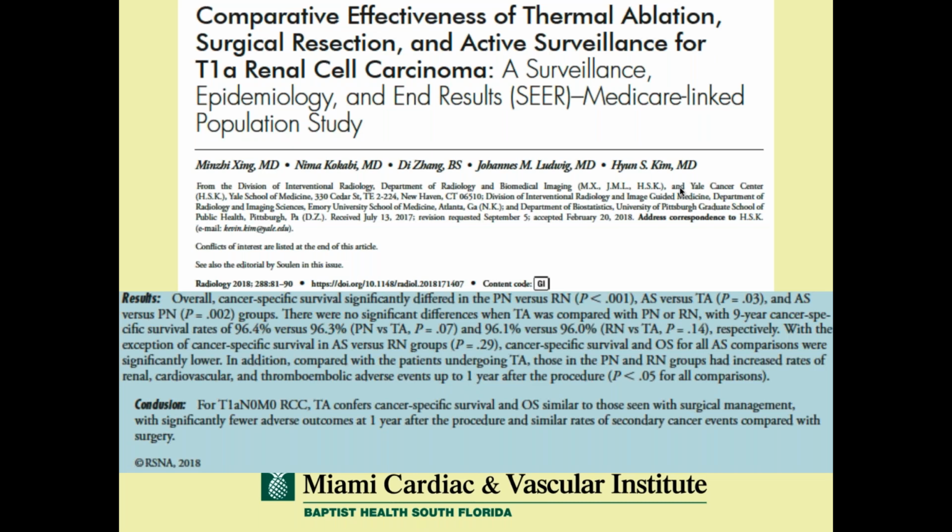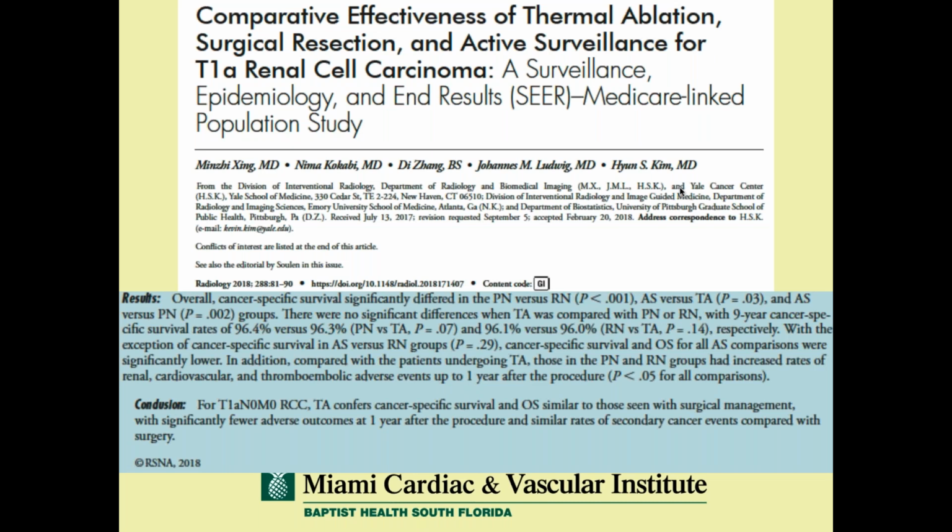But they also found there's no significant difference between thermal ablation compared to partial nephrectomy and radical nephrectomy. And when you look at 9-year cancer-specific survival rates, they're pretty much comparable between partial nephrectomy and tumor ablation.